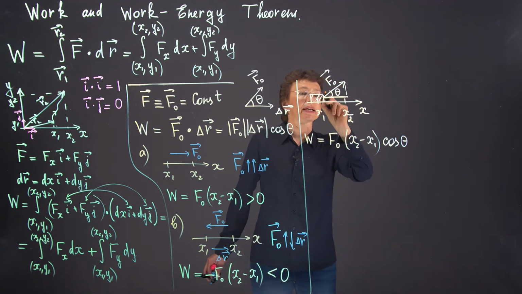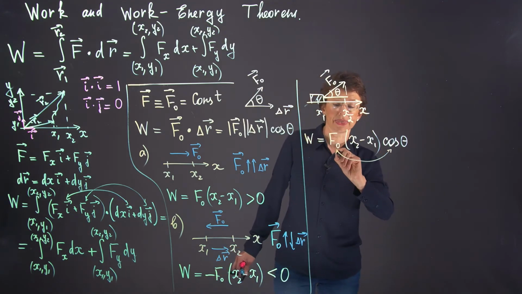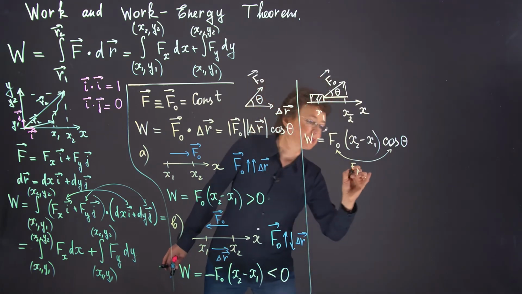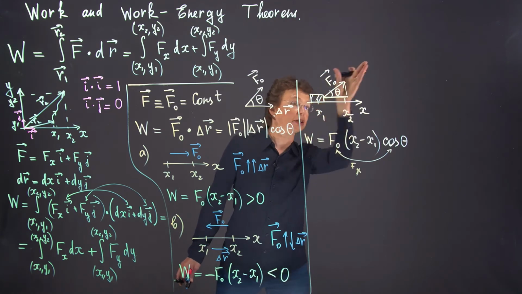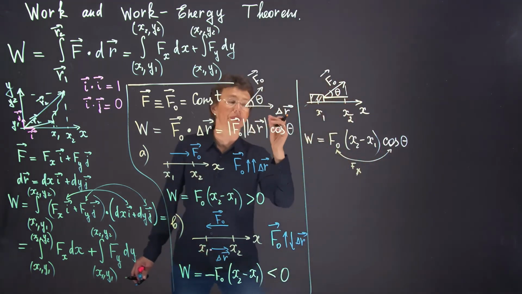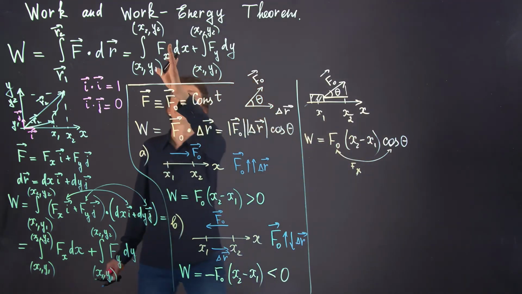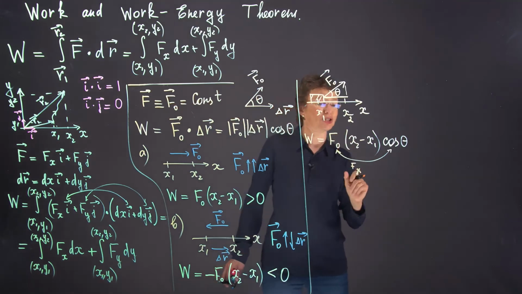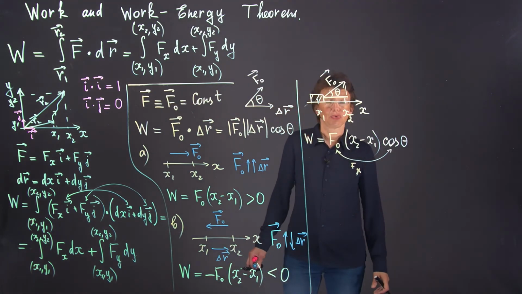F sub x is F naught cosine theta, times, since this is constant, what is constant? Force is constant. It is always at the same angle theta. Theta is also constant. So I take F naught cosine theta out of this integral. Integral dx is x2 minus x1.